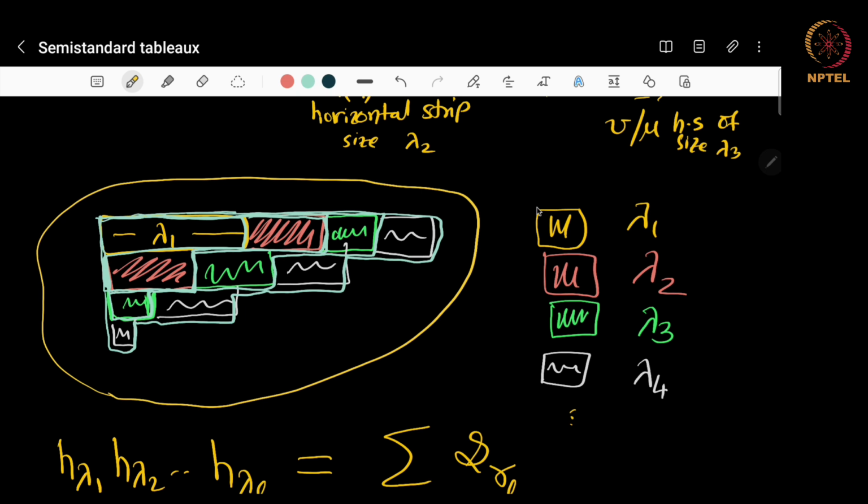We will take the first shape that we got, the yellow, and we will fill all those boxes with the number 1.